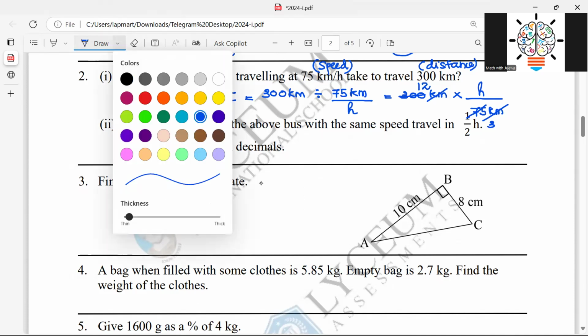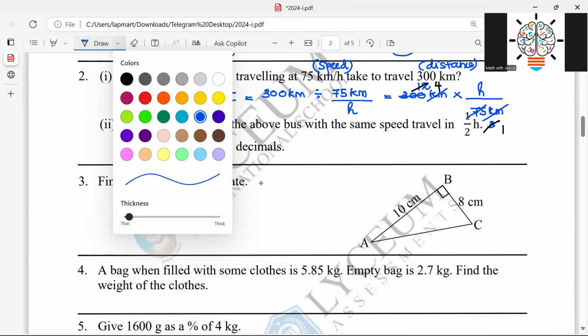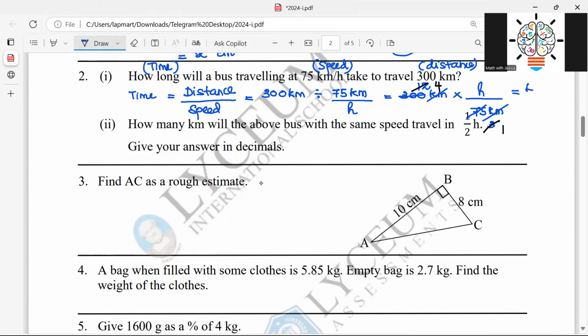Then again, we can further simplify 3 times 1 and 3 times 4. Simply 4 times 75 is 300. So then I write 4 hours. So you just see what I did. The equation is distance divided by speed.